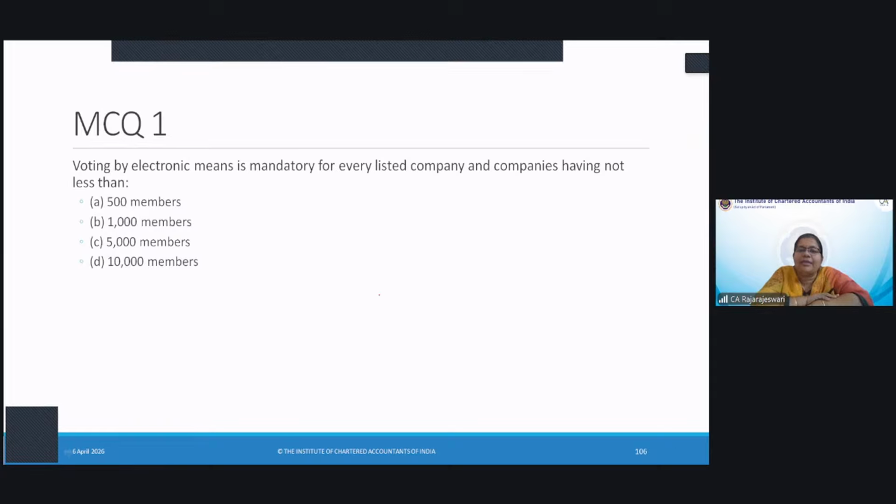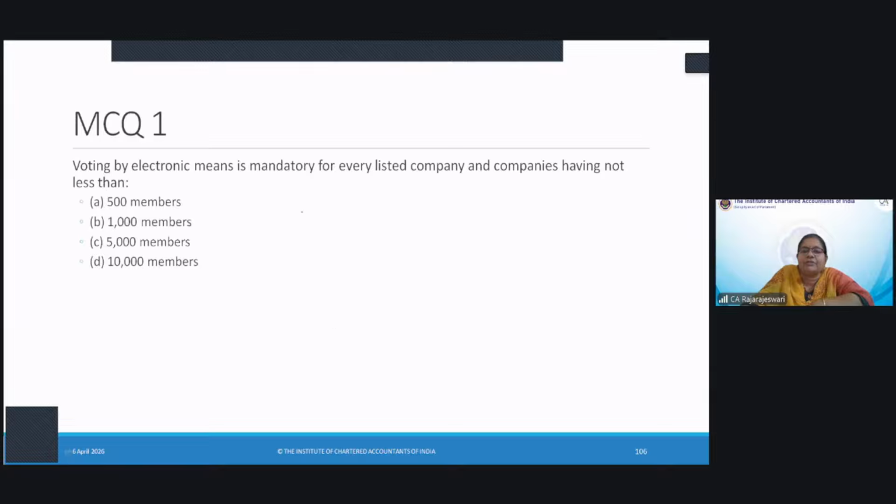So, voting by electronic means is mandatory for every listed company and companies having not less than how many members? So, what are the different types of voting? We saw a quick recap.